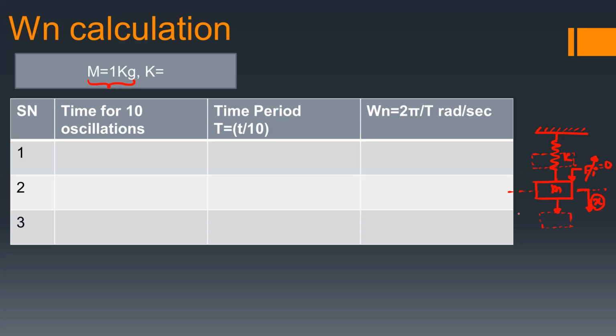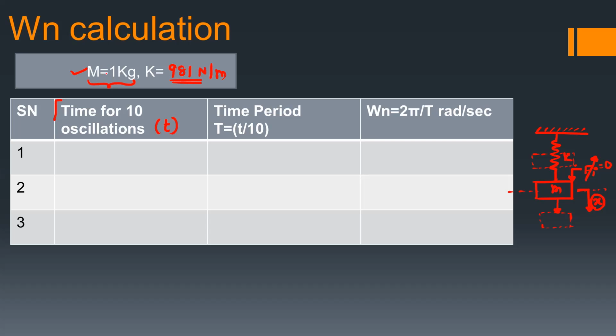To measure this time period, we cannot measure the time exactly for one oscillation, so we should measure the time for 10 oscillations. Here I have written the total time for 10 oscillations as a small t. We will conduct the experiment only for 1 kg, and the stiffness we have calculated as 981 Newton per meter.